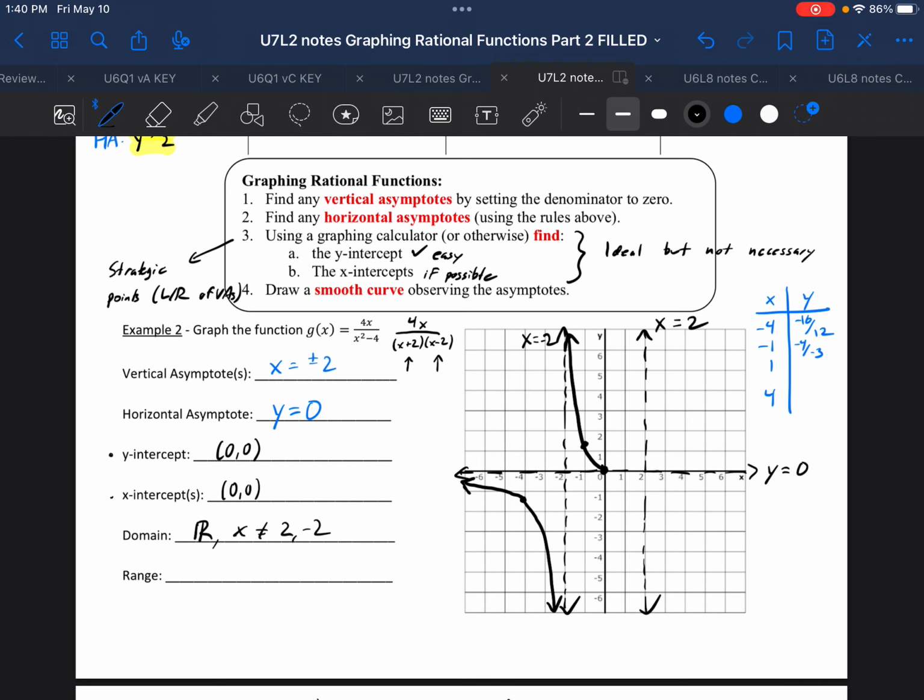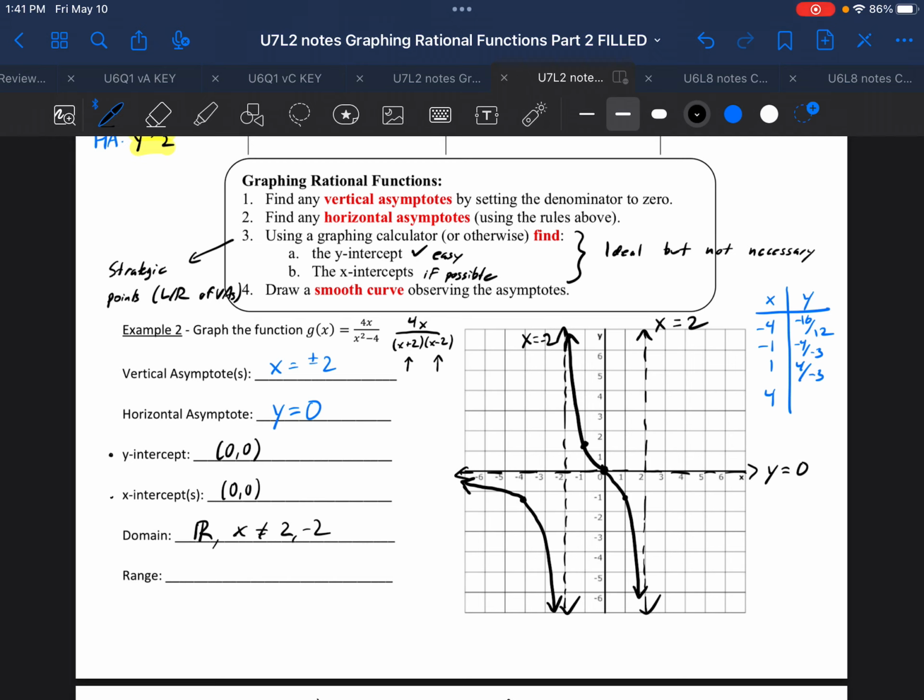Again, it can't go like this, because that would create another 0. At positive 1, we're going to get 4 over negative 3, which is negative 4/3, which is somewhere here. So then you can kind of see what's happening. The graph is going to turn like that.